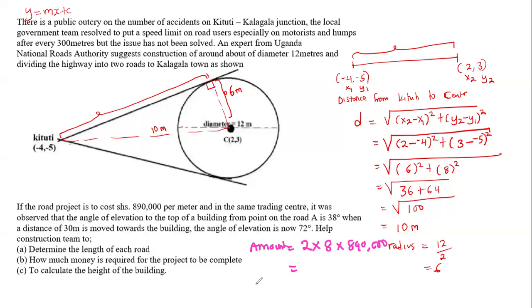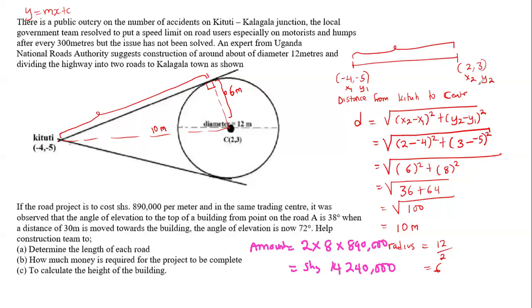When you multiply 890,000 times 2 times 8, we end up with shillings 14,240,000. So that is how you calculate that. Yes, Samsung?